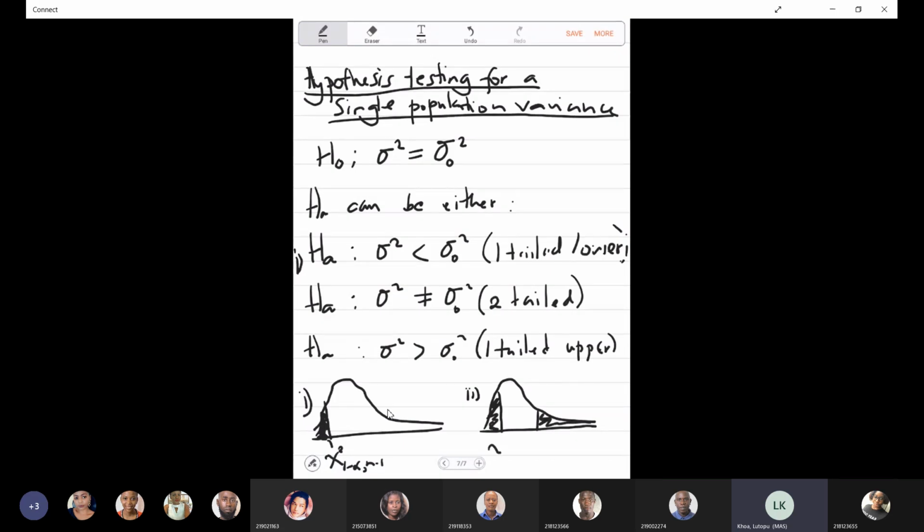And this is chi squared, 1 minus alpha over 2, then you have your degrees of freedom, n minus 1. And over here, you have chi squared alpha over 2, and then n minus 1 degrees of freedom. And then the last one is an upper tail test, so you will only use that one over there. But everything else is going to be pretty much the same.